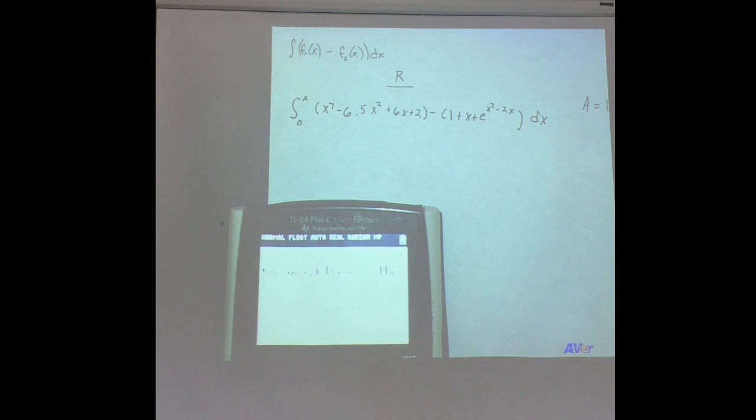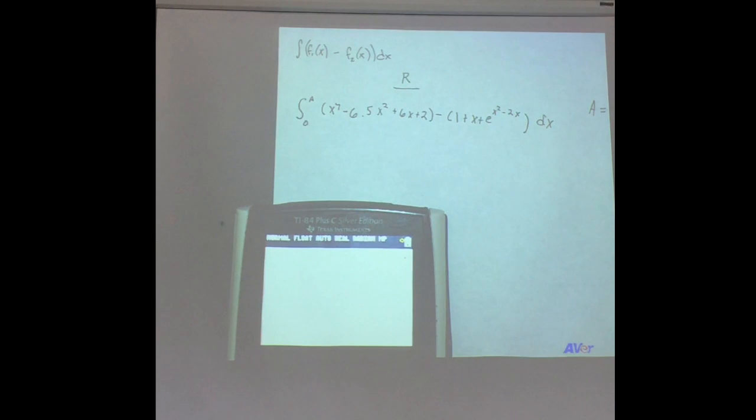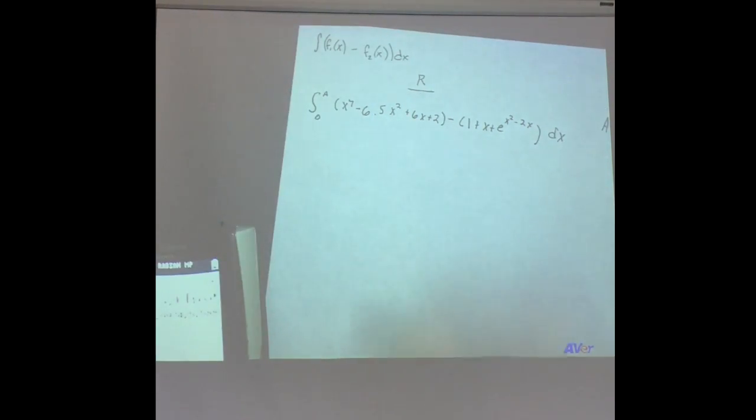And then obviously we have to put our dx in there. And there's our area for section R.